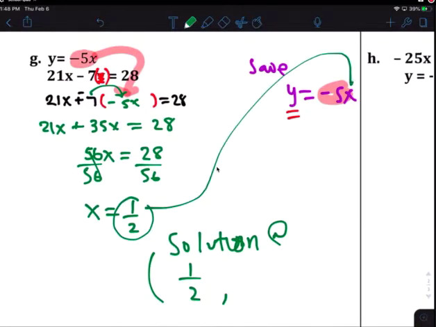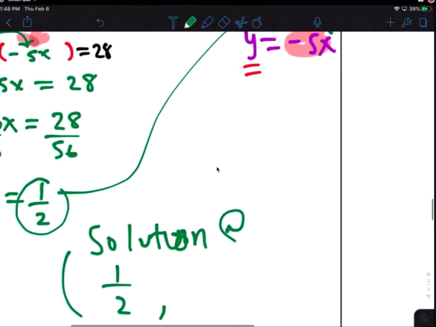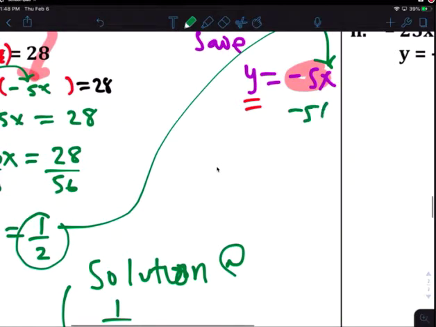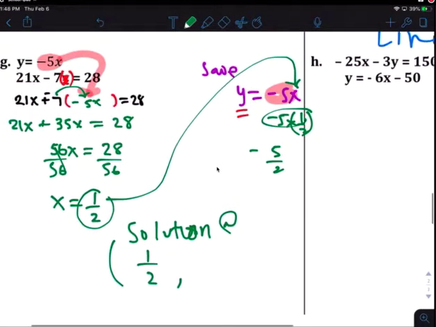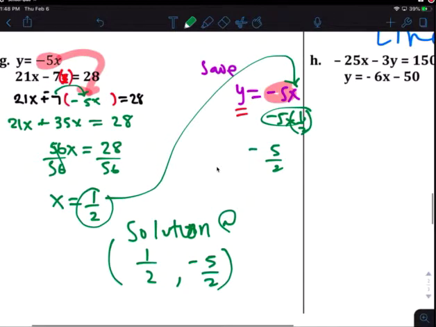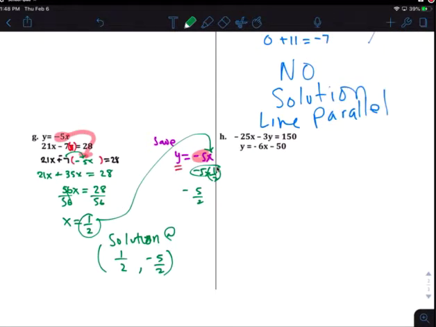Substitute this into here. So negative 5 times 1/2 is negative 5 over 2. Multiply that and over 2. So negative 5 over 2 is your solution. Or negative 2.5. You can put that too.